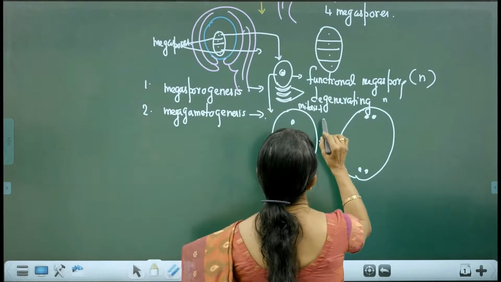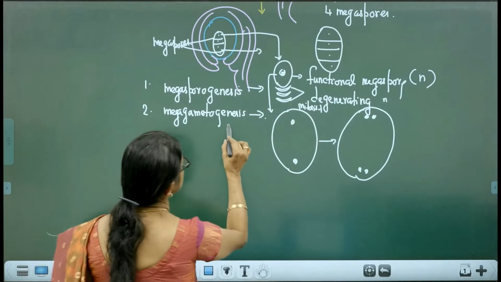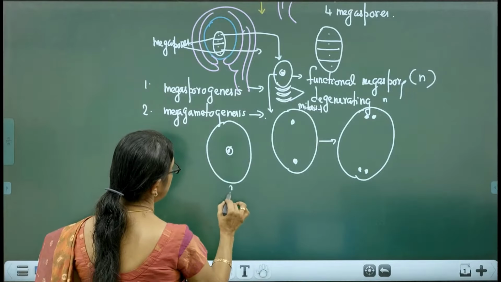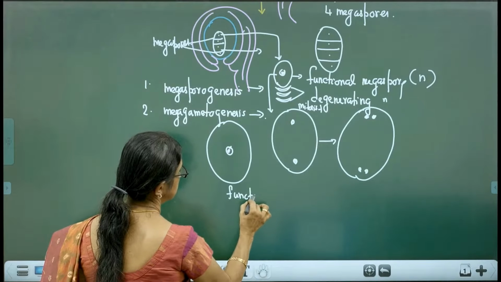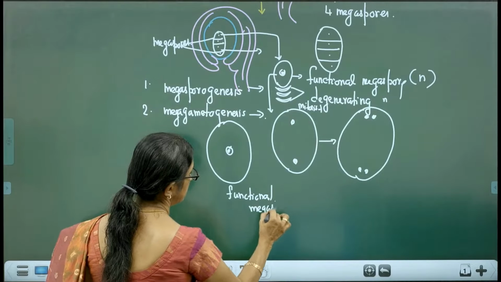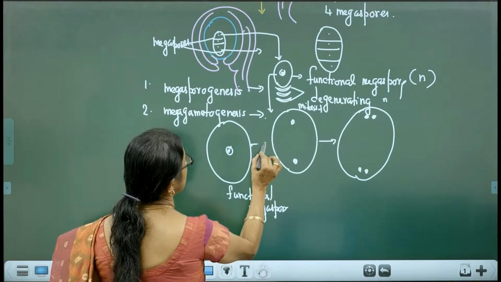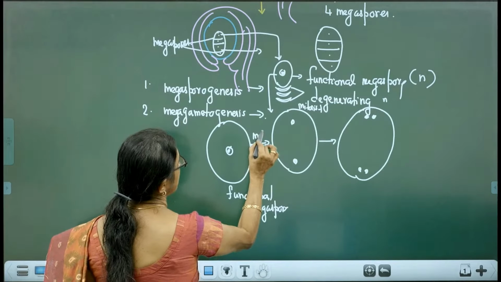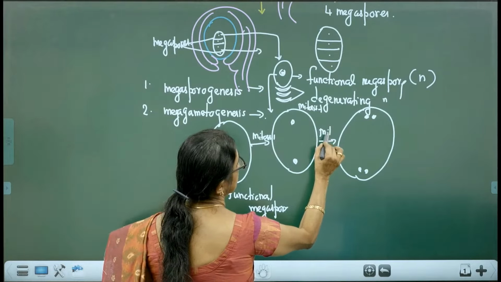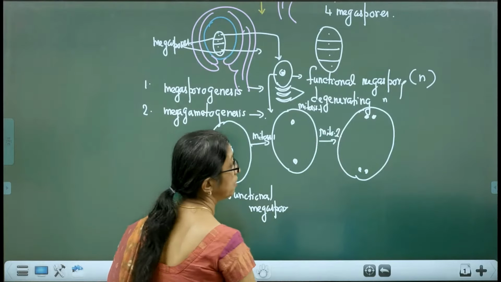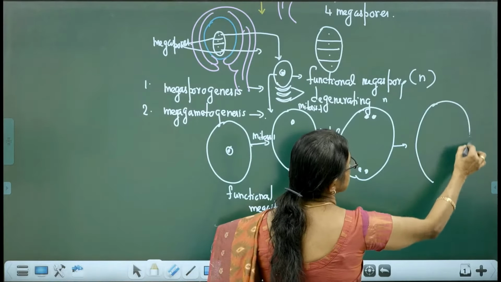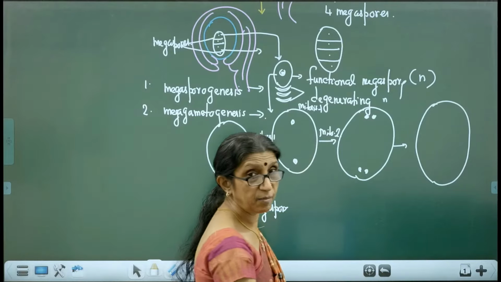So this is the functional megaspore. Mitosis 1, mitosis 2, followed by the third mitosis.